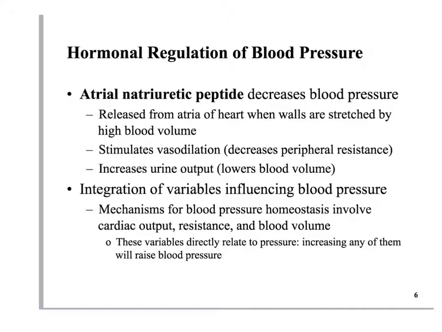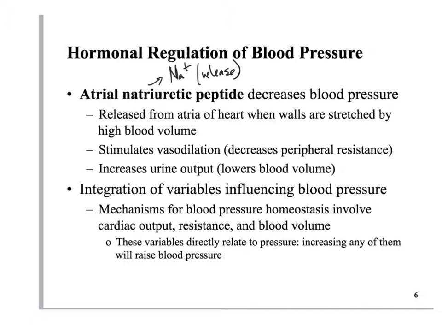And that hormone's release causes vasodilation, which decreases peripheral resistance, and then increases urine output, and that lowers blood volume. Now the way this works, natriuretic refers to sodium ions, Na, right? That actually is going to stimulate the release of sodium ions out of the body, and when you release sodium ions, water follows salt.